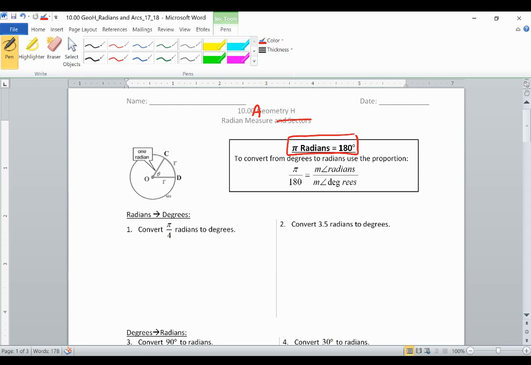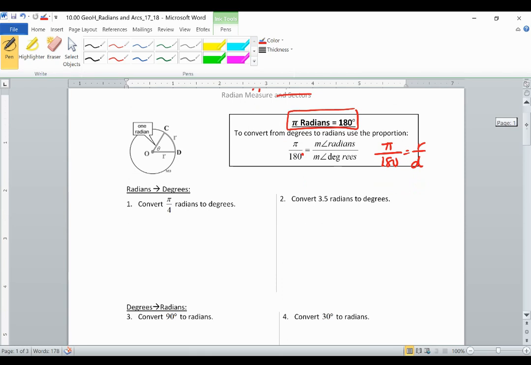To convert between the two, at this point, we usually use a proportion. We say that since pi radians is equal to 180 degrees, we set that equal to how many radians over how many degrees. Sometimes we even just write it as pi over 180 equals r over d, meaning radians over degrees. You also have a little conversion.